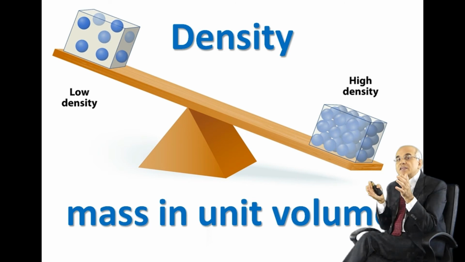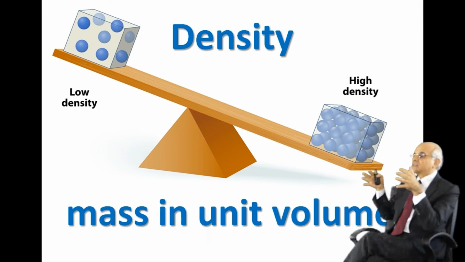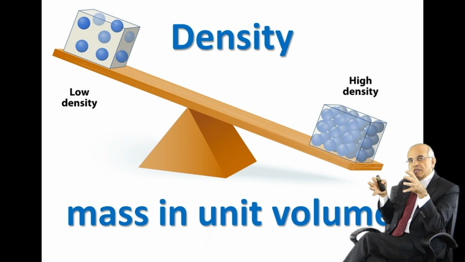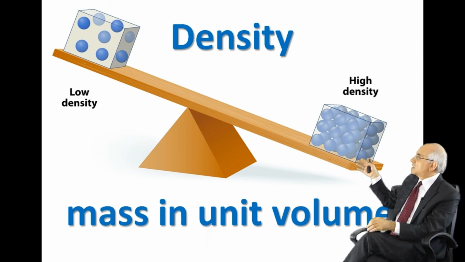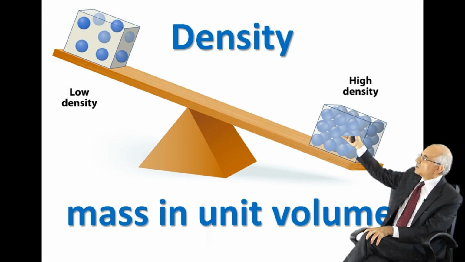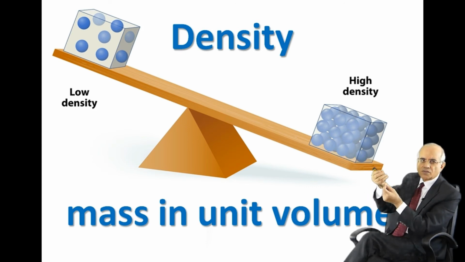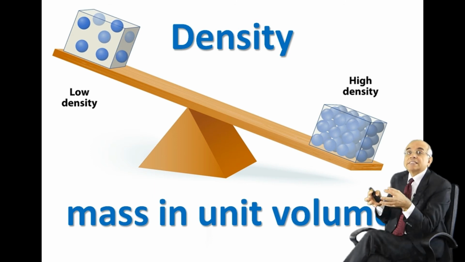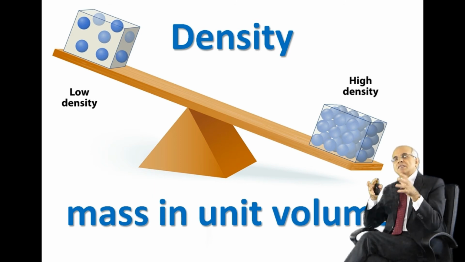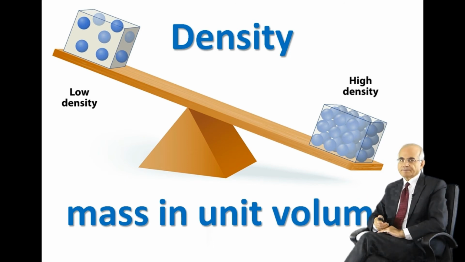How much mass there is in a unit volume. So in this 1,000 cubic centimeter box, you have a huge amount of mass from iron compared with a smaller amount of mass with a sponge, because most of the space in a sponge is air. There's very little material, so it's not as dense. So density is how much mass in a unit volume.